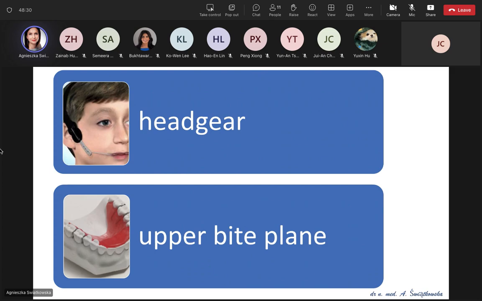That's why more often we use this kind of method for treatment of open bite than headgear. We can expect a better result because in this situation the motivation of the patient is not so important.